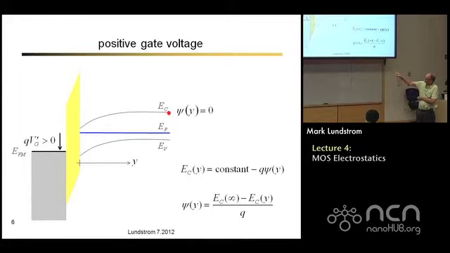So the difference between the conduction band in the bulk and the conduction band at any location, divided by charge, that's my electrostatic potential. So you can see when the energy band goes down, it means the electrostatic potential is going up because I applied a positive gate voltage. The closer I get to the gate, the more positive the potential is. Okay, so at any point there, I have an electrostatic potential that increases as I go towards the gate.